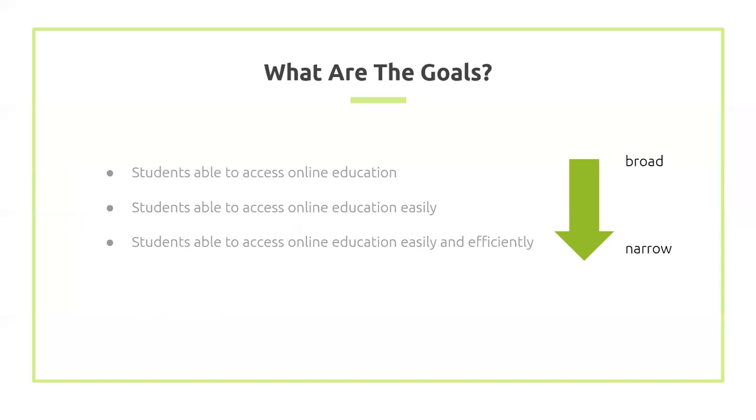A narrower objective can be students able to access online education easily. A more specific one is students able to access online education easily and efficiently. That is a more specific goal. So we first define the broad goal, the ultimate goal, and then we can go into more details on that goal.